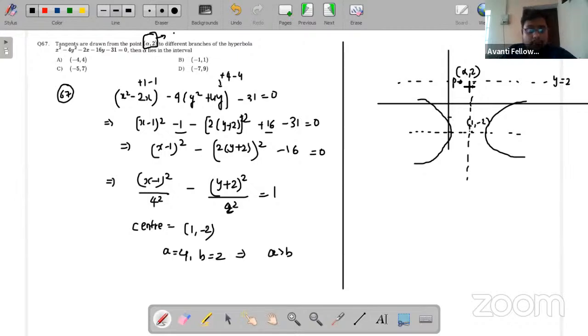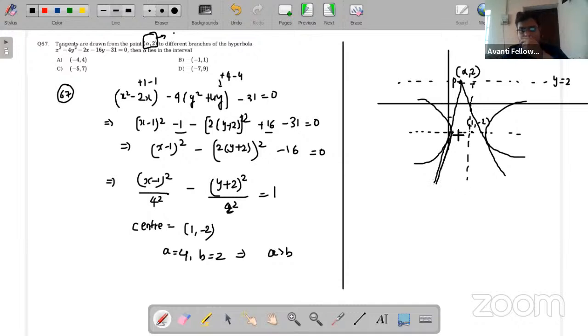Now we have to draw tangents. So let's say one tangent is somewhat like this. Okay. And another tangent is somewhat like this. Clear? Or more specifically, I can draw like this two tangents on different branches.